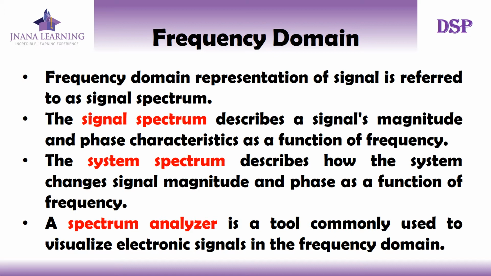And the system spectrum describes how the system changes signal magnitude and phase as a function of frequency. There is a tool to visualize signals in the frequency domain, called the spectrum analyzer. So that's the frequency domain and the spectrum.